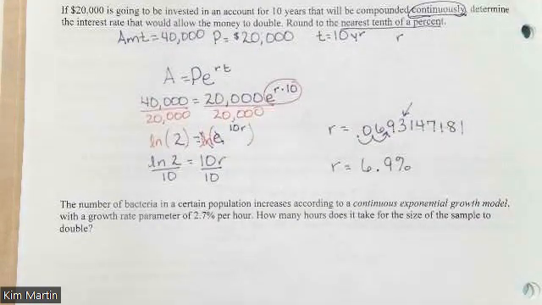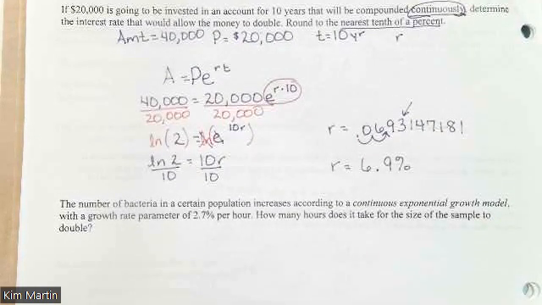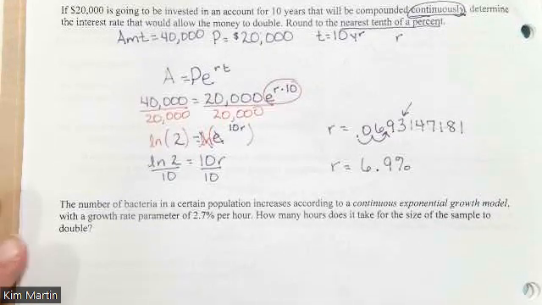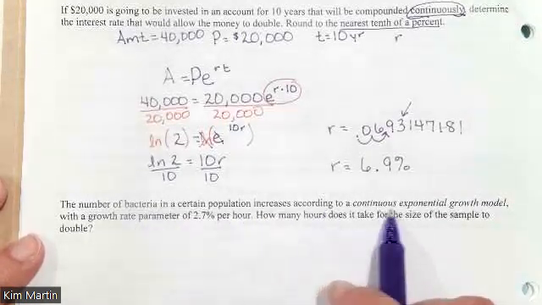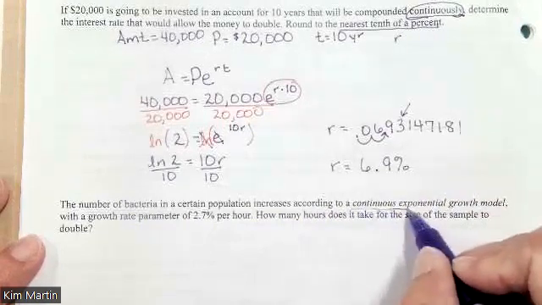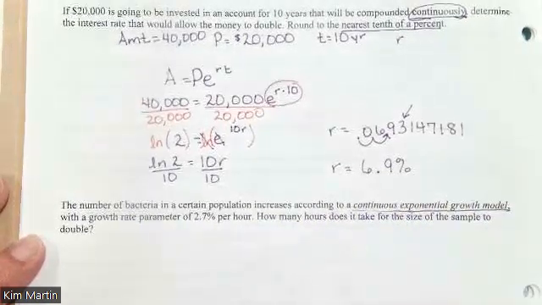The number of bacteria in a certain population increases according to the... we weren't given this, were we? I'm going to go out on a limb and see if I can remember it, and then I'll check it. The number of bacteria in a certain population increases according to continuous exponential growth model.